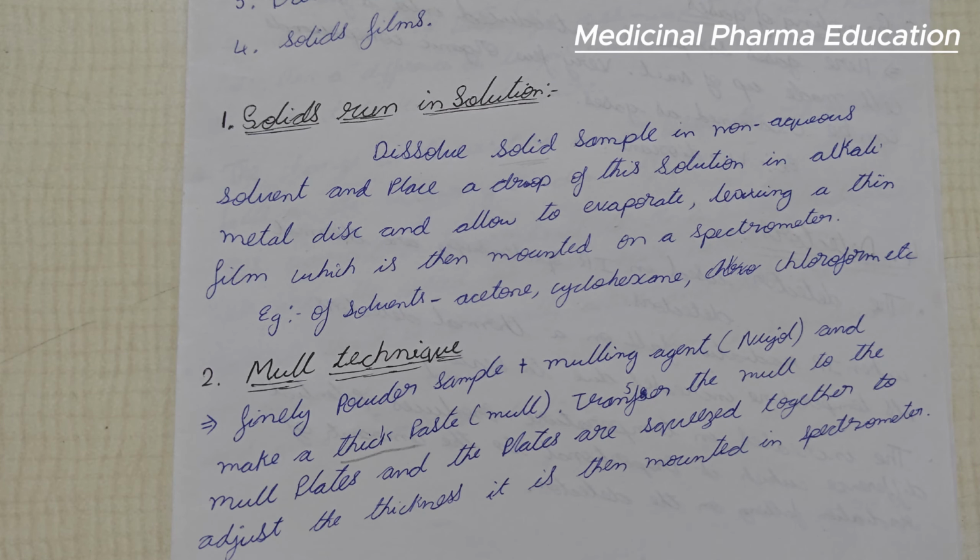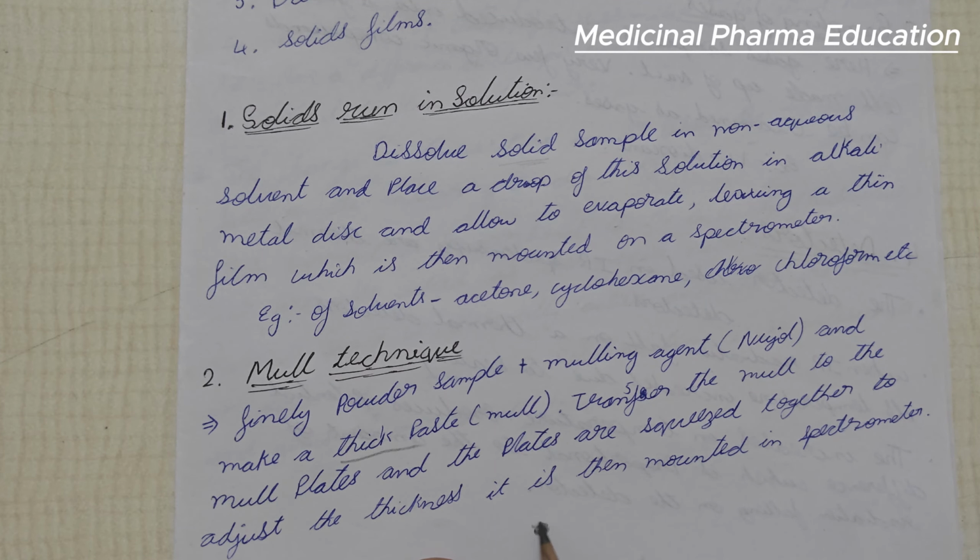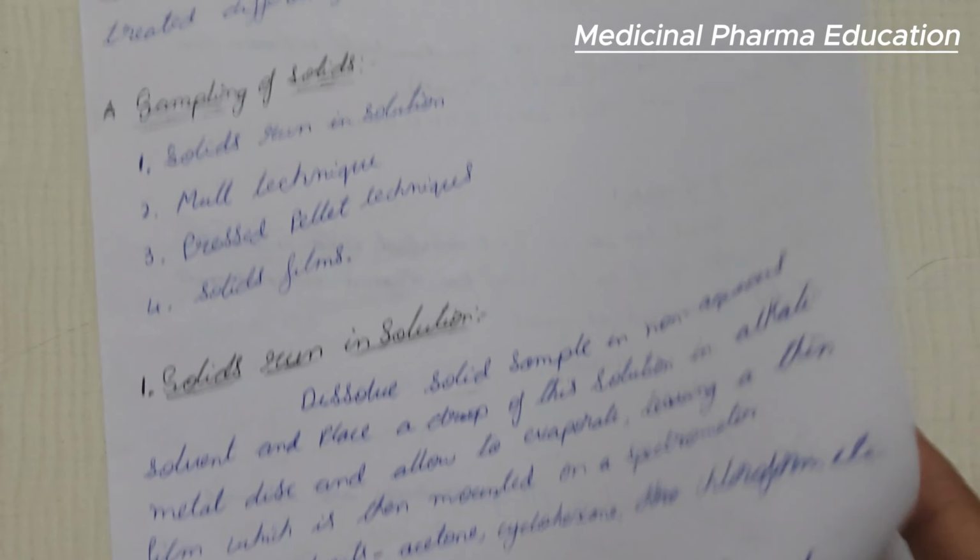Firstly, we mix the finely powdered sample and mulling agent, and the paste is formed. The paste is squeezed between two plates to adjust the thickness. Then the film is transferred to the spectrometer. I think you have understood this topic.